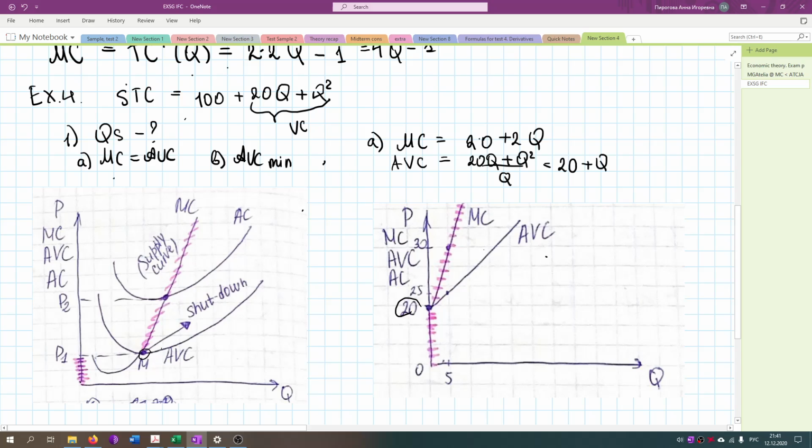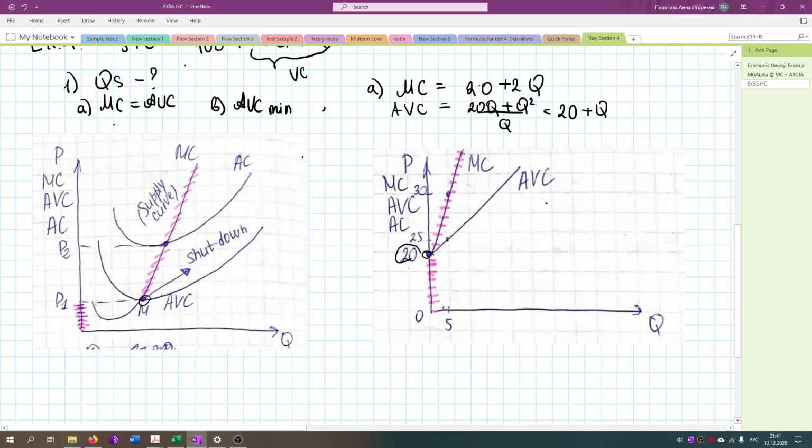So we can see that this point is the point of shutdown, meaning that if our price goes less than 20, we will not produce, or yes, and we include this point.